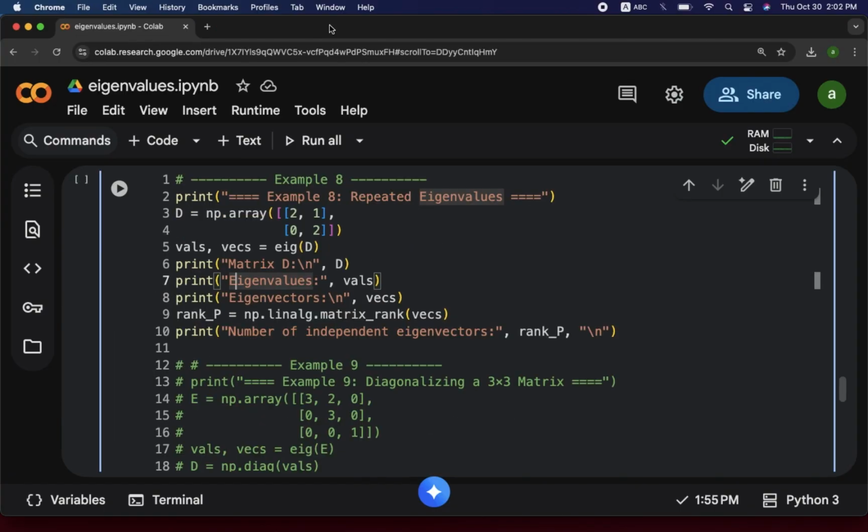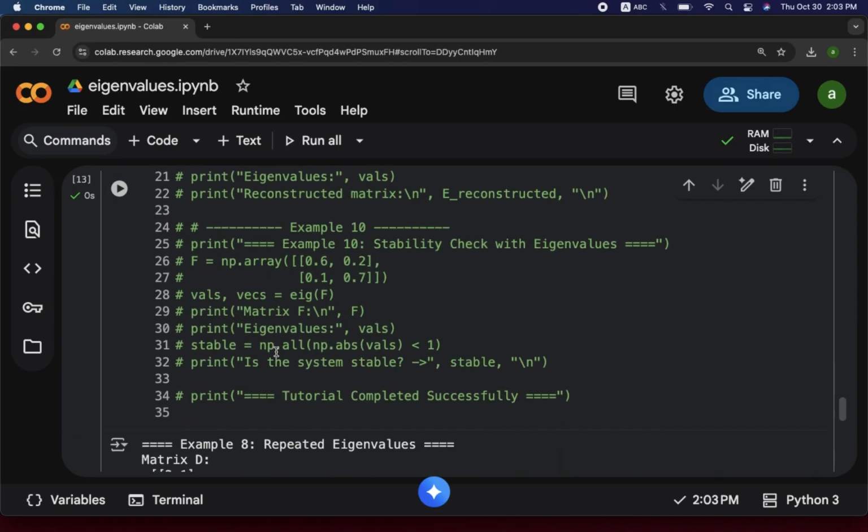Next example, we have repeated eigenvalues. This is another case. And here we have a 2 by 2 matrix. One more time, we can use the eig function to obtain the eigenvalues and eigenvectors of this matrix. And then we can check the rank of this eigenvectors matrix, which will show us that actually the number of independent eigenvectors is just going to be equal to 1.